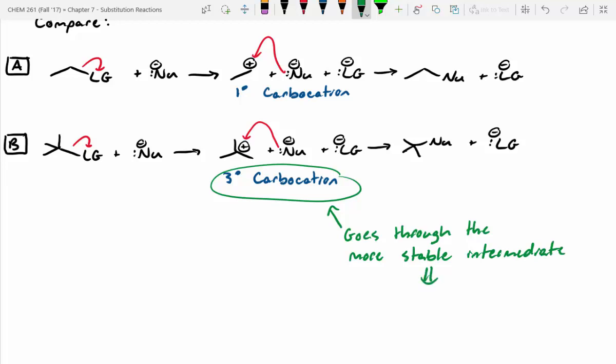This means that it is more likely to occur. Does that make sense? So it's, again, getting back to that carbocation stability trend that we were talking about before.